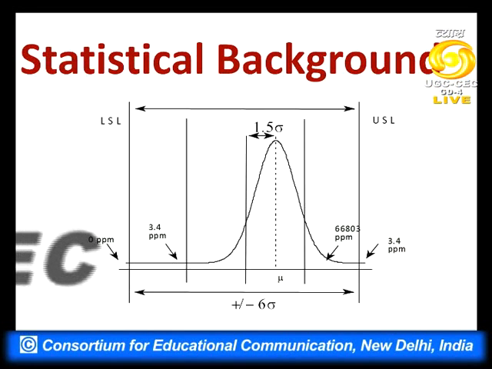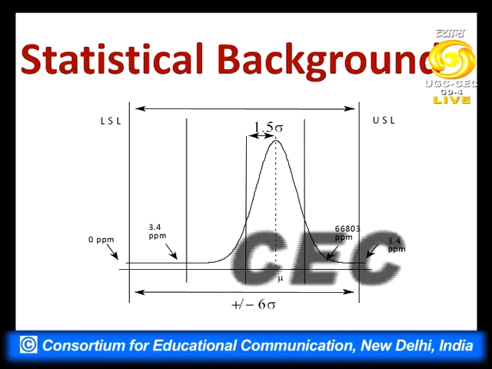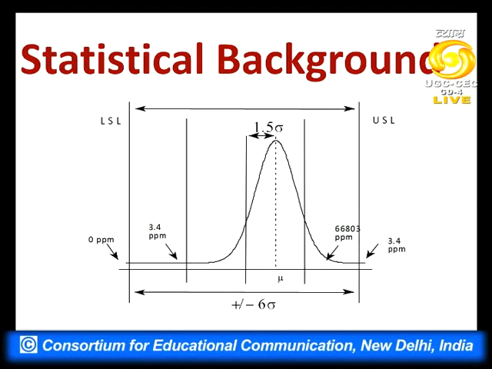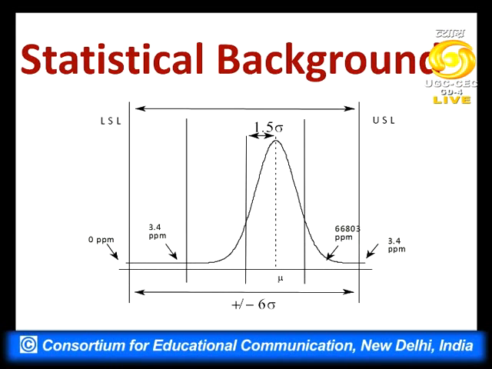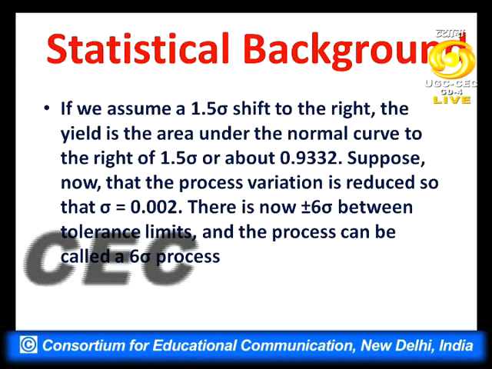If such is the case, on the right hand side 6 sigma will not be 6 sigma, we will subtract 1.5 sigma from this level, and we will get only 4.5 sigma. If from the normal tables we look at the figure at 4.5 sigma, we will get a different picture.